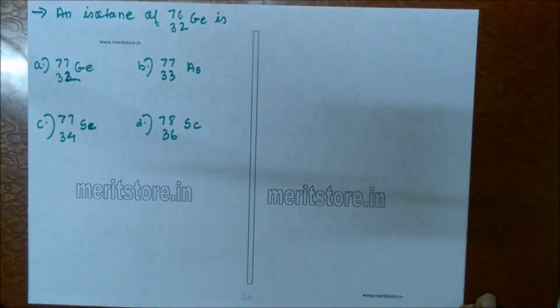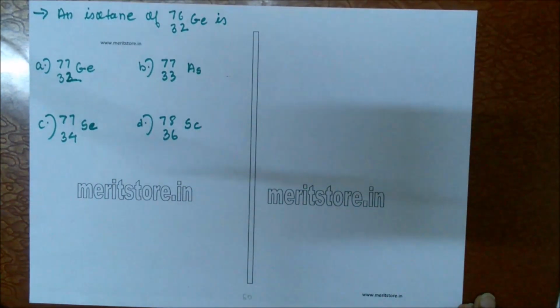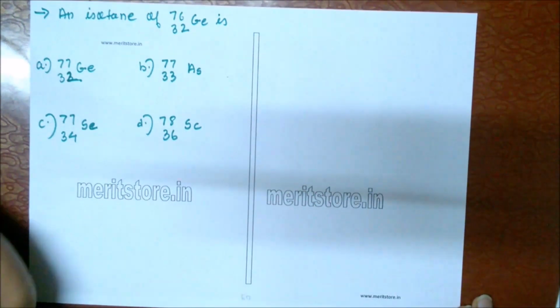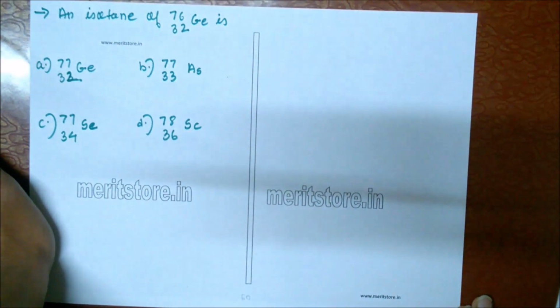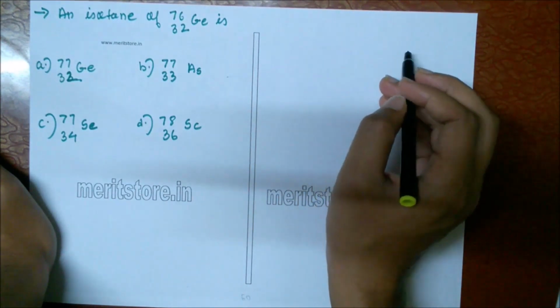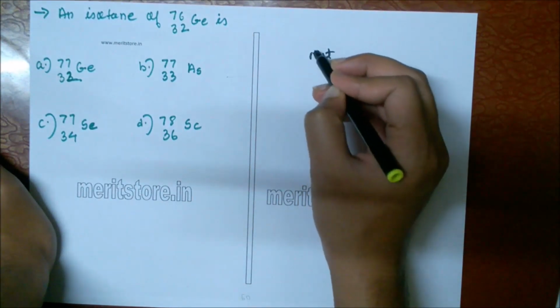An isotone of Ge having atomic number 32 and mass 76 is. So isotones. What are isotones? Isotones are the species which have equal number of neutrons.